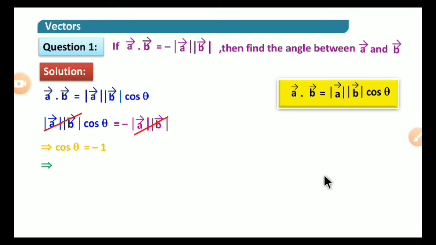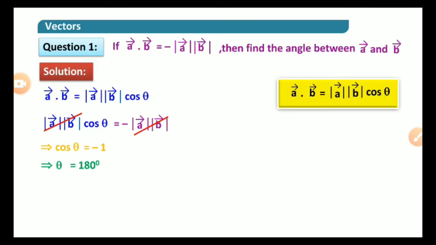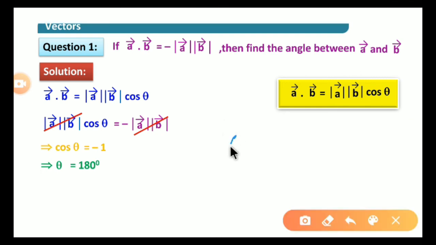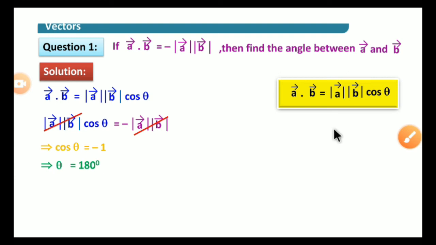That implies theta is equal to 180 degrees, because cos 180 degrees is always equal to minus 1. Therefore theta becomes 180 degrees.